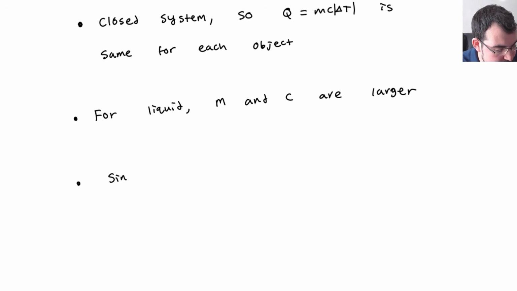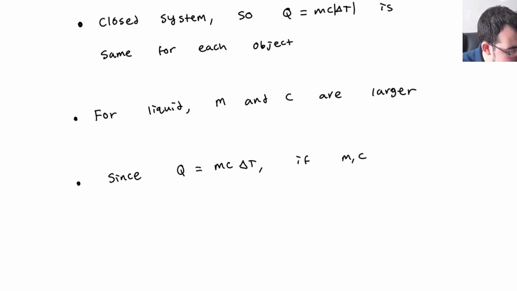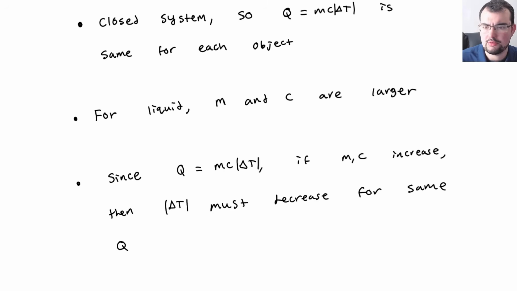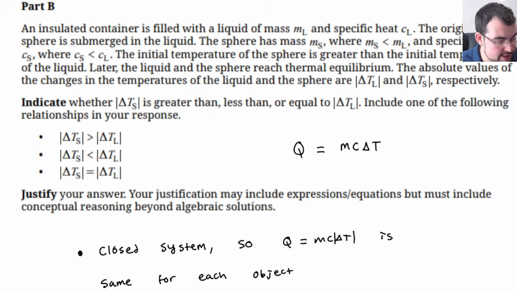So since Q equals mc delta T, if m and c increase, then delta T must decrease for the same Q. So all that is to say that the liquid experiences a lower temperature change. So the sphere must have a larger temperature change.